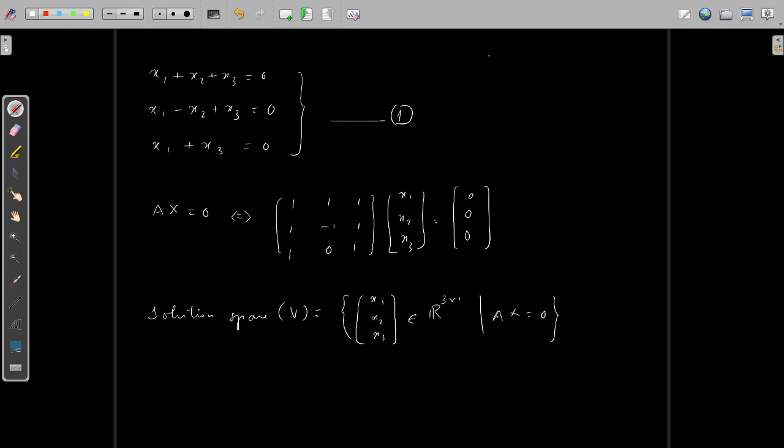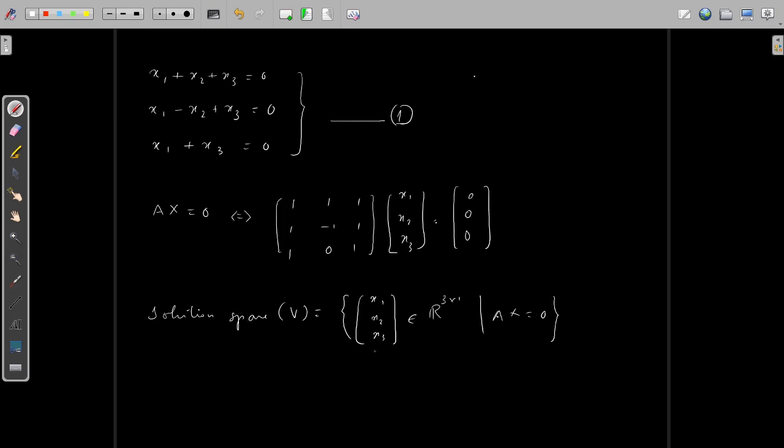This is under the assumption that the system is a system of linear equations on R, that means the coefficients of these equations come from the set of real numbers.